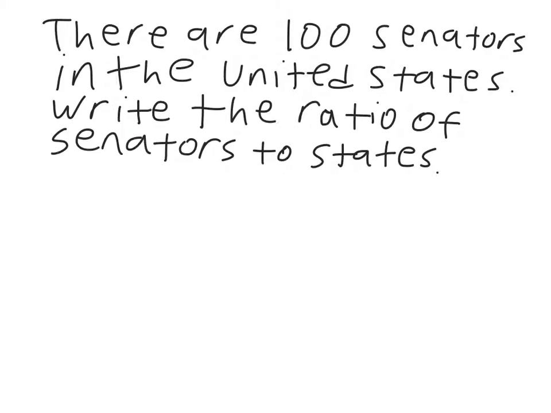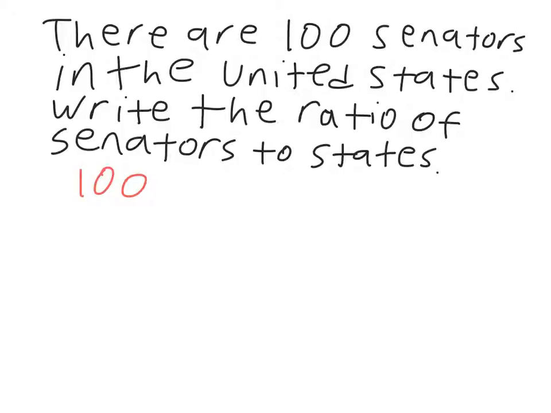Alright, so now let's deal with a couple word problems. First, there are 100 senators in the United States. Write the ratio of senators to states. So we're told that there are 100 senators.